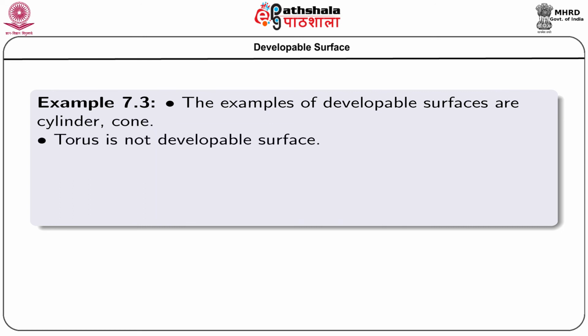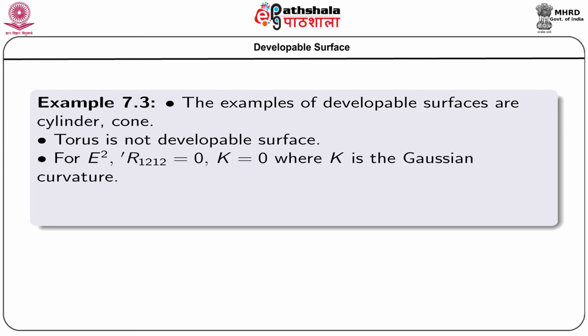But a torus is not a developable surface. Now, for E2 we have R_{1212} equal to 0, as it is a flat surface. The Riemann curvature tensor of type (0,4) is equal to 0, and therefore, the Gaussian curvature is also equal to 0.